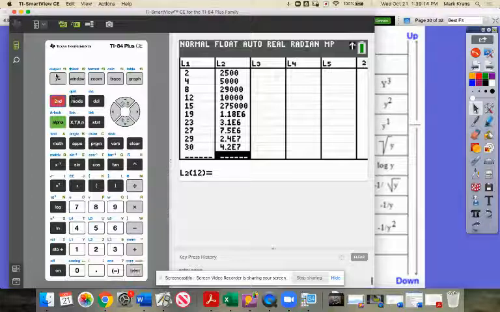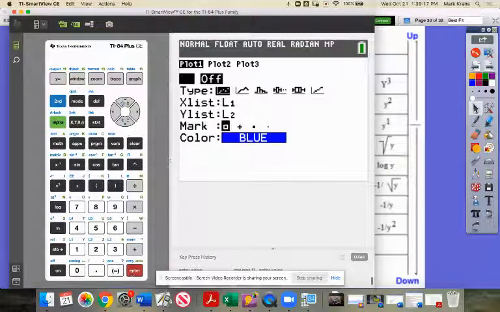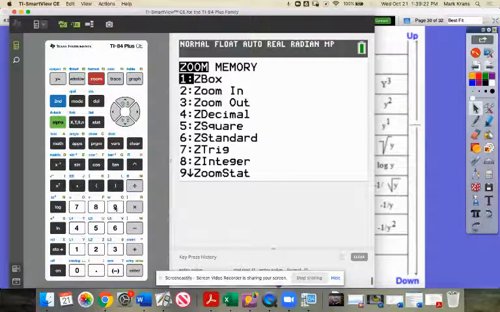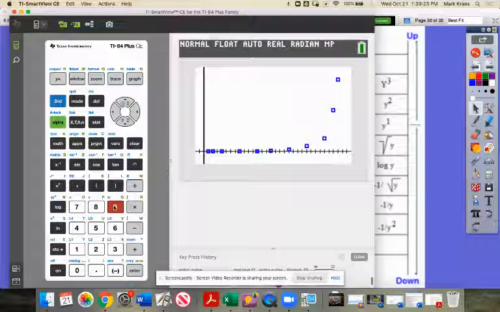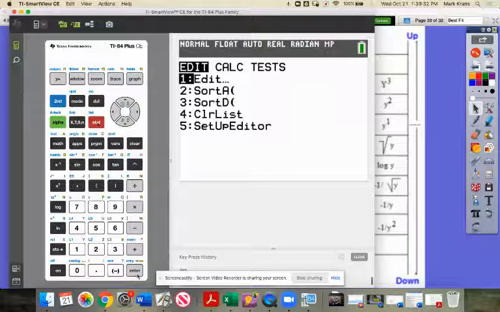And if I turn on StatPlot, what I find is that it is not linear. So we want to try re-expressing our data. It's relatively easy to change my data.